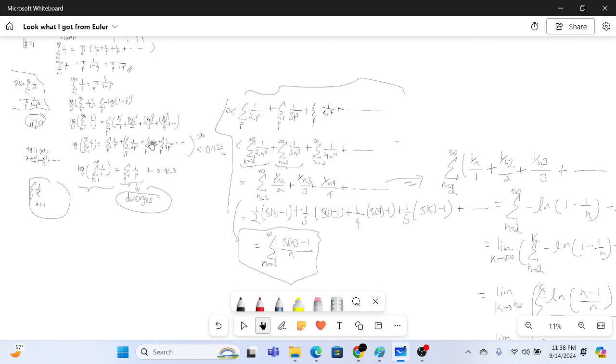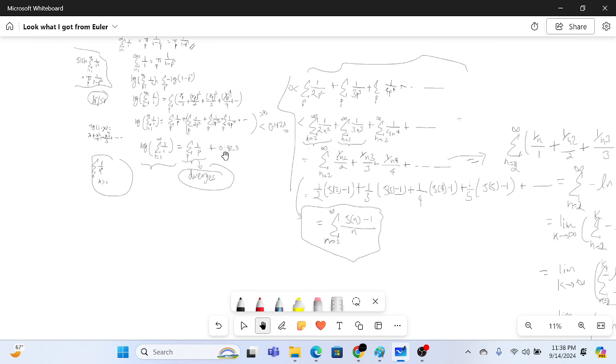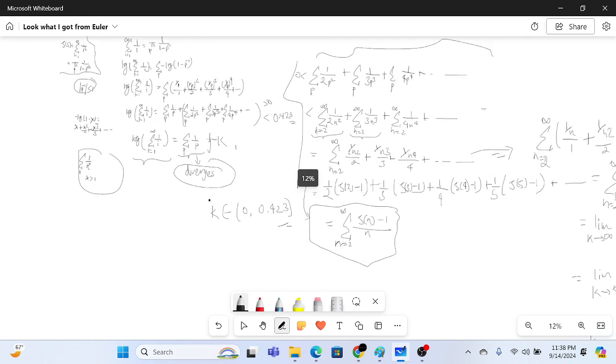So this is a convergent series, right? And so, okay, wait, its value is not 0.423. Its value is some number k such that k lies between 0 and 0.423. I should write it this way. It should be somehow more formal.